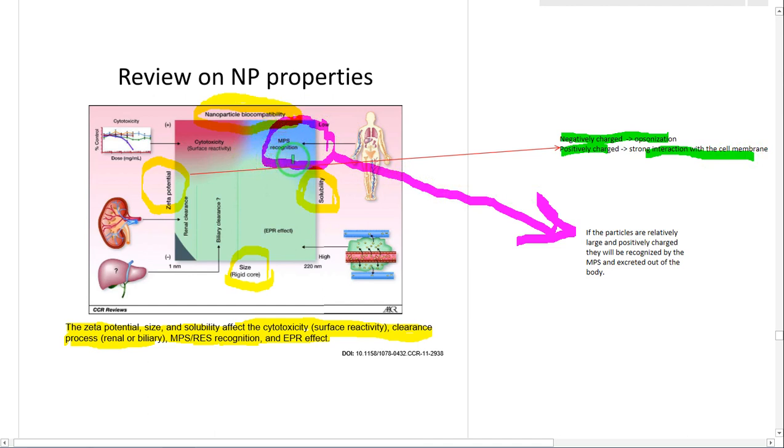On the other hand, even for the negatively charged particles, we have the opsonization. So the opsonization just excites the phagocyte cells for excreting the particles out of the body.